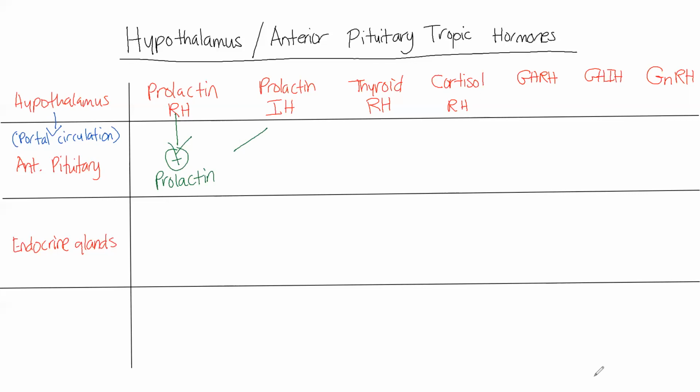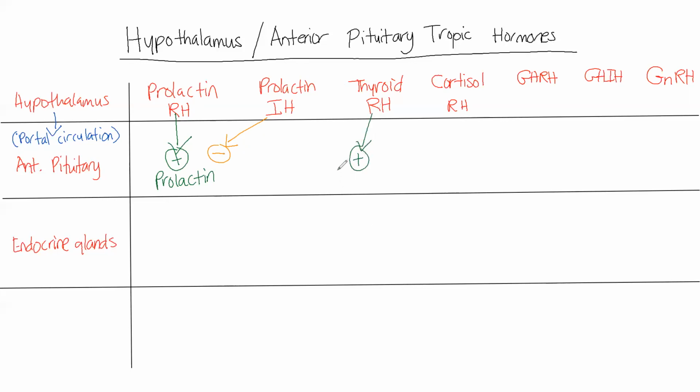Let's use another color rather. So this is going to inhibit prolactin secretion. We've got thyroid releasing hormone that is going to stimulate TSH production from the anterior pituitary.